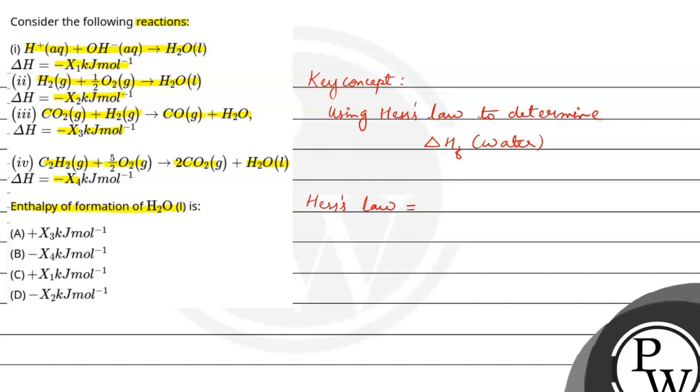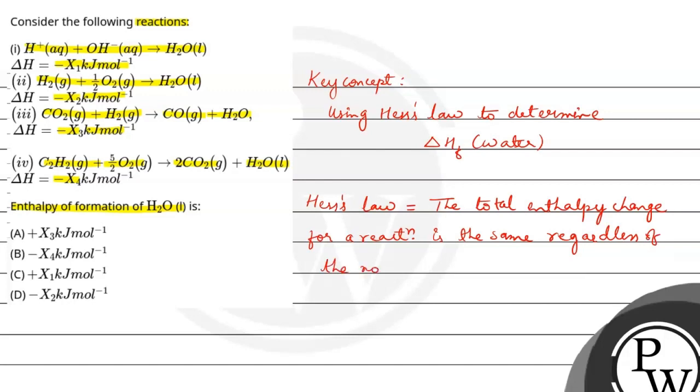Hess law states that the total enthalpy change for a reaction is the same regardless of the number of steps in which the reaction occurs.